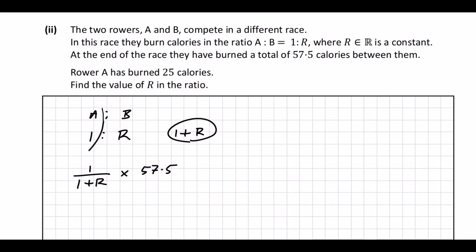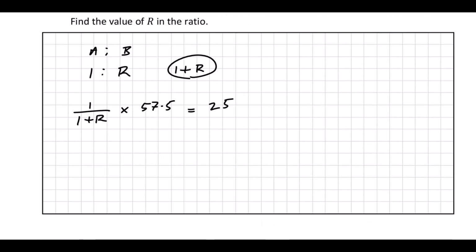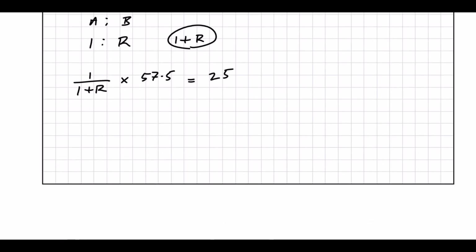Remember, this 1 over 1 plus r will give us A. So we let that equal the number of calories that rower A burnt, which was 25. So we have an equation here. All we've got to do is work out what r is.